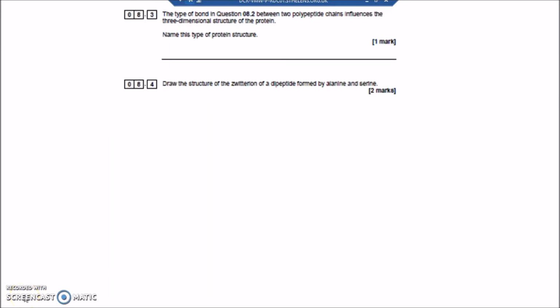Question 8.3. The type of bond between two different polypeptide chains. So a polypeptide is another word for a protein. The order of the amino acids in the actual one protein chain, or one polypeptide chain, is called the primary structure.